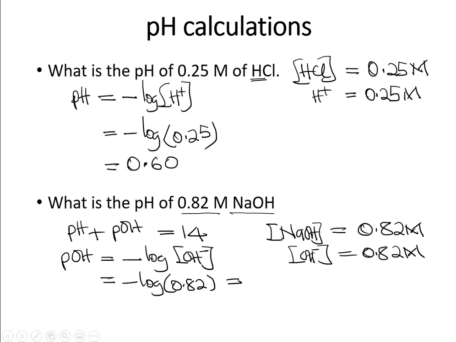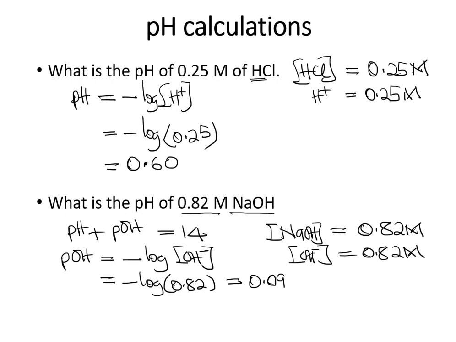So negative log 0.82 gives us 0.09. That is the pOH.